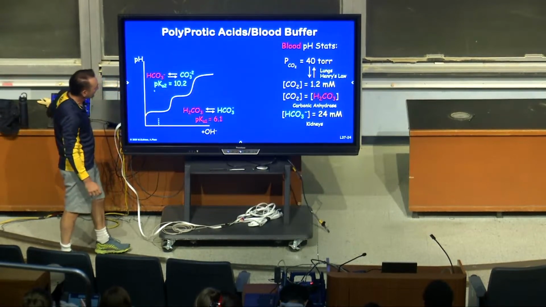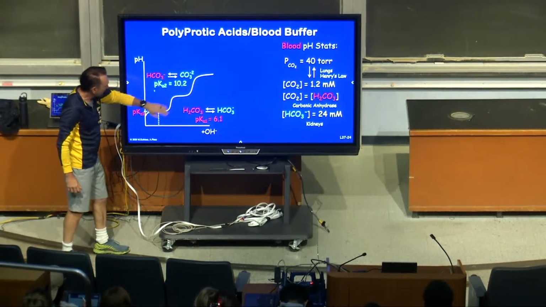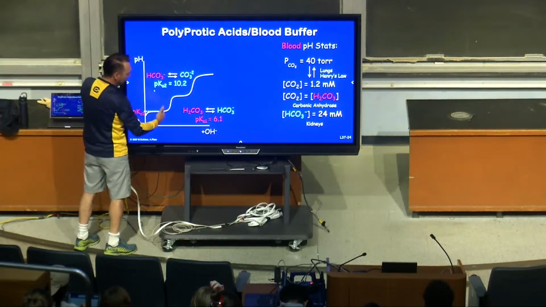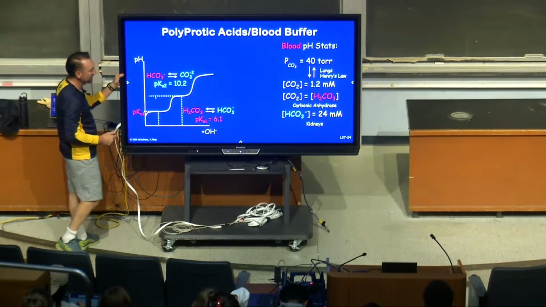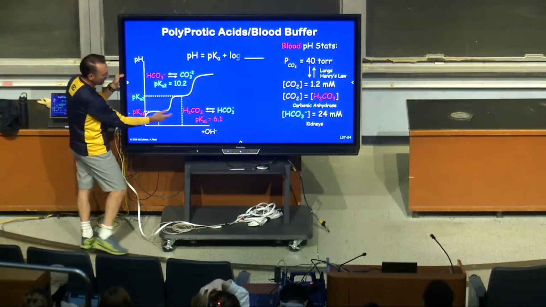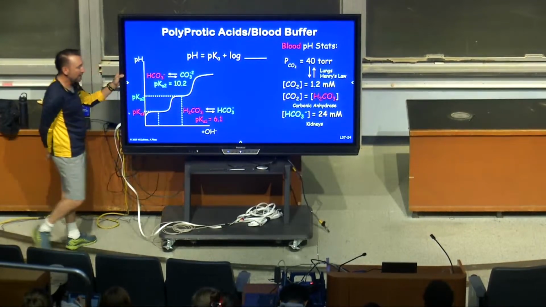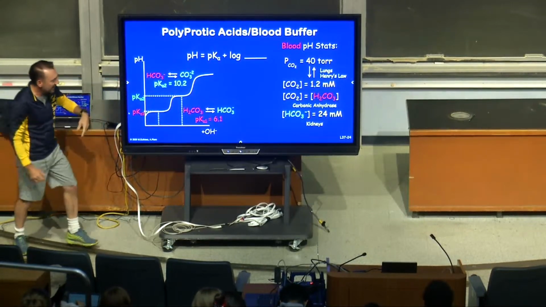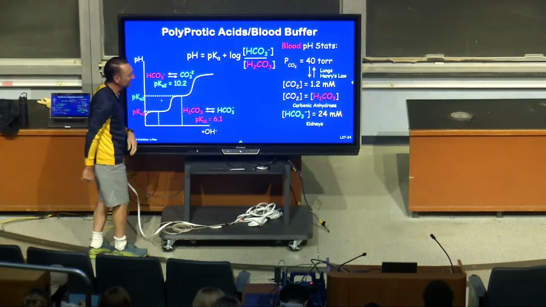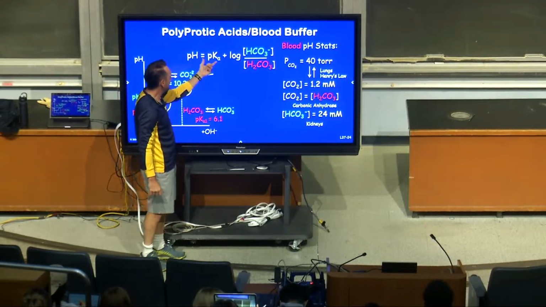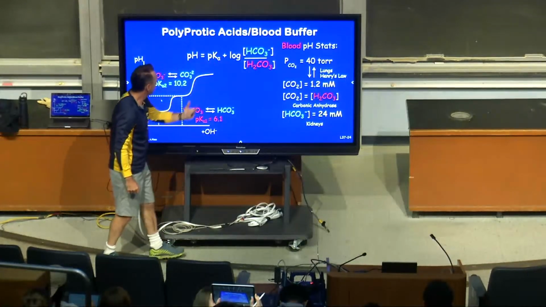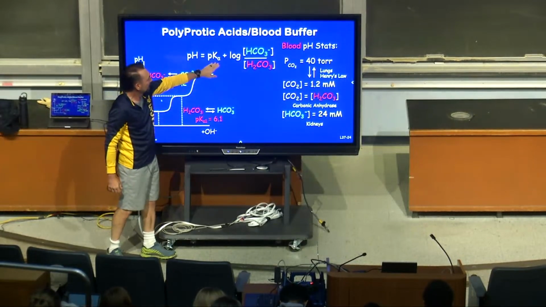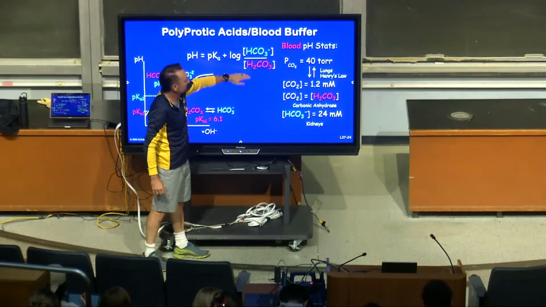You look at the titration curve for the carbonic acid that we've had already, and we know the 2 pKa's, and what you find is that the pH is going to be determined by this pKa and these 2 concentrations.